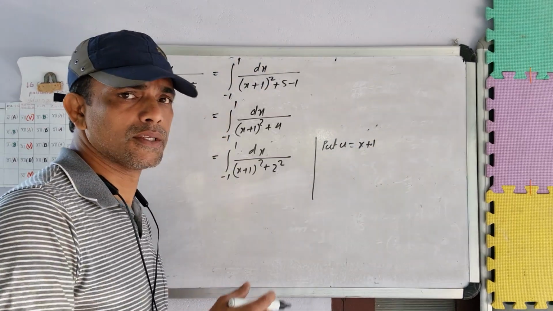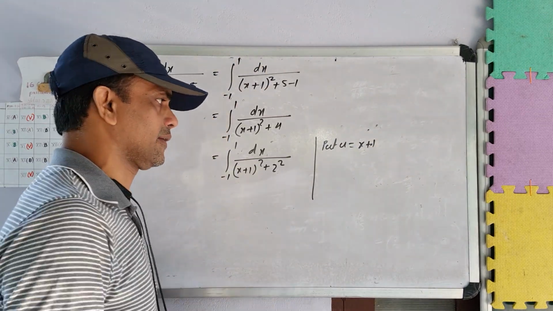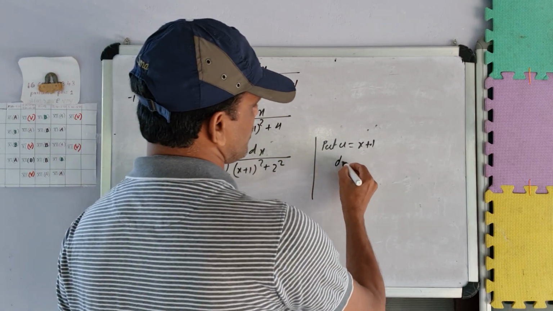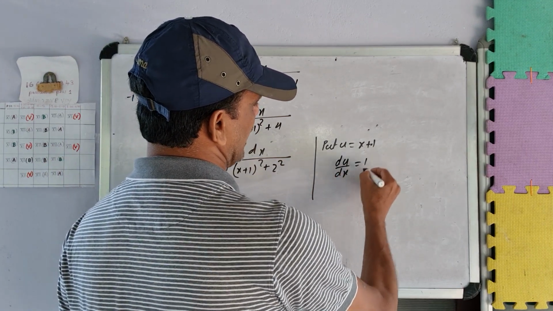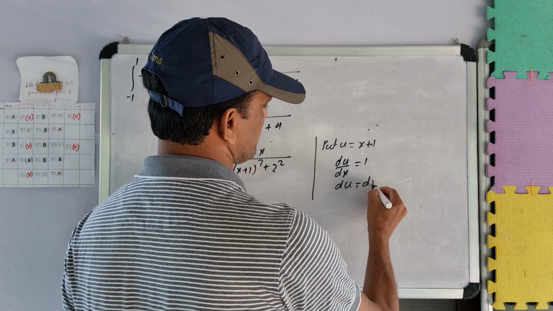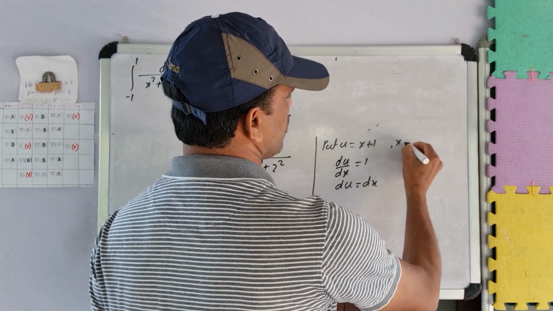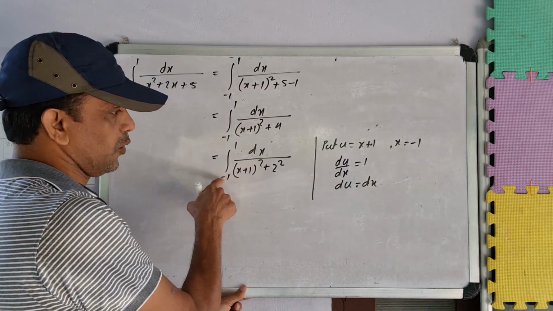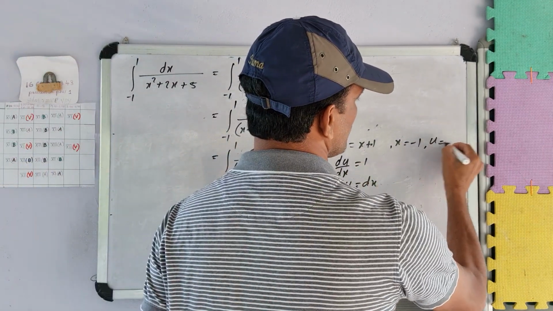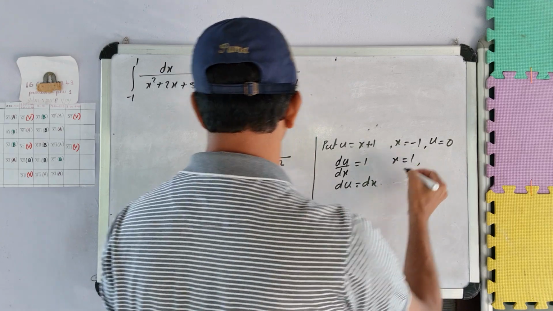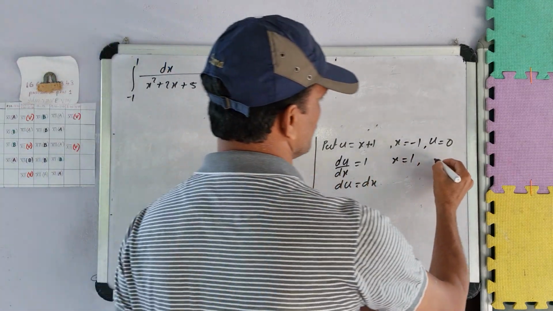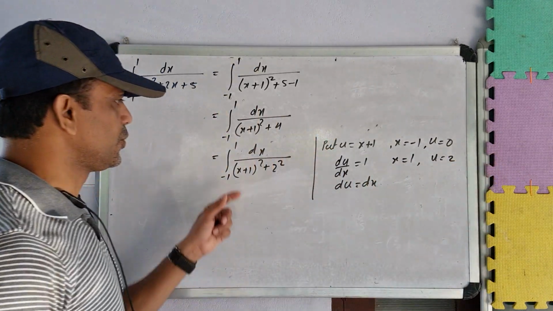It's not necessary, but still, I tell you, this is the real technique. Now differentiate: du over dx equals 1, so du equals dx. Now we change the limit. If x equals negative 1, u equals 0, and if x equals 1, u equals 2.